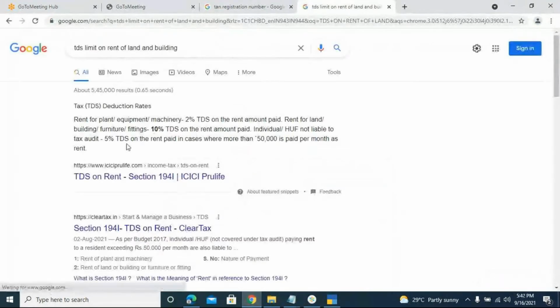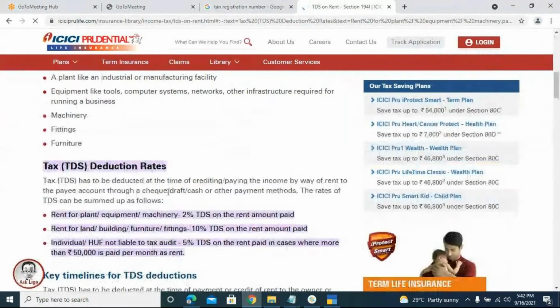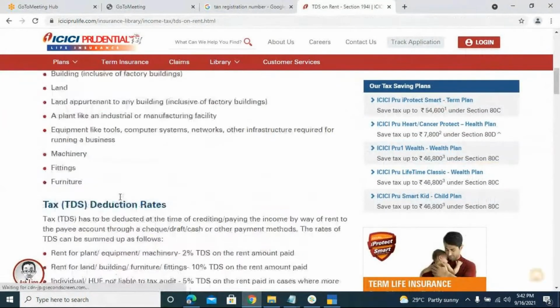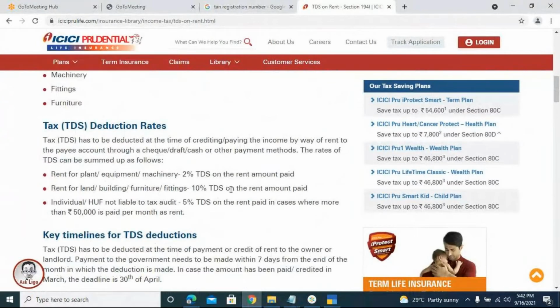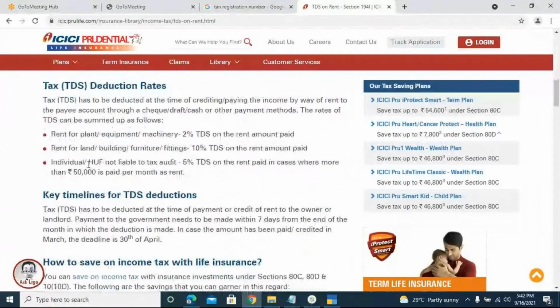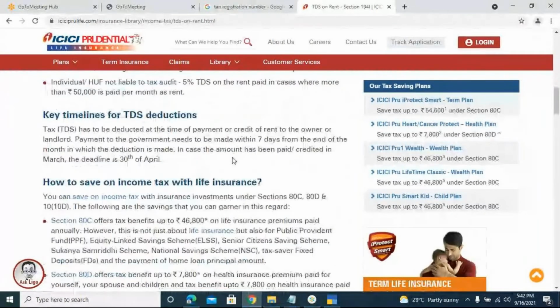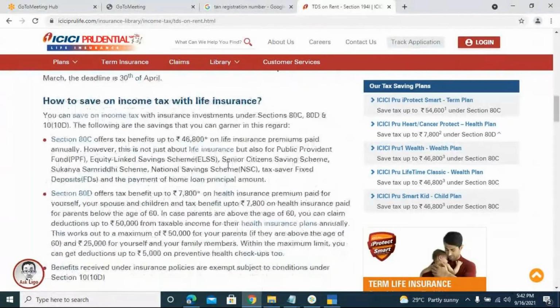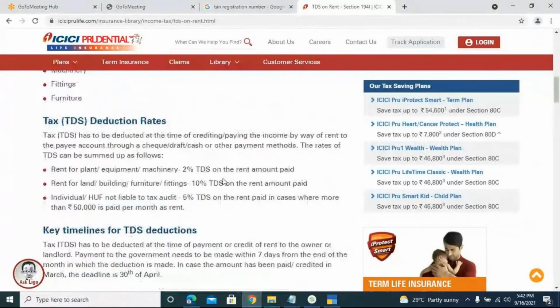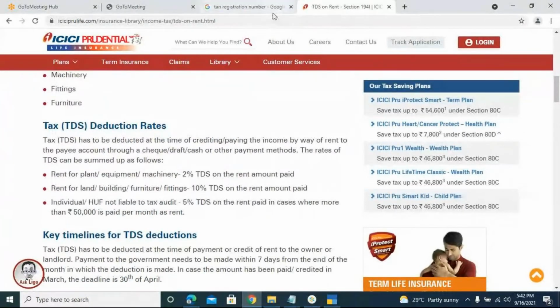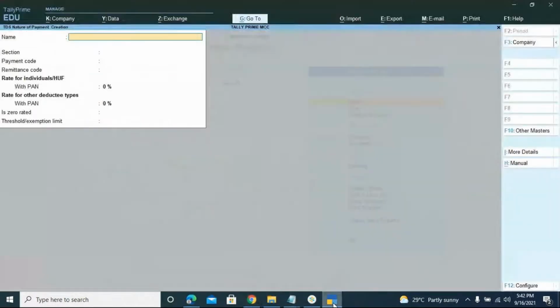Can you see here? On land and building, we also saw in the income tax department list that it is 10% TDS. So 10% TDS is applicable, and of course the threshold limit is 1.8 lakh, which we'll give here.